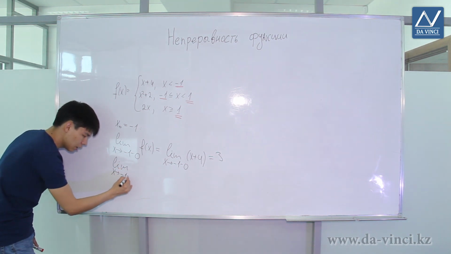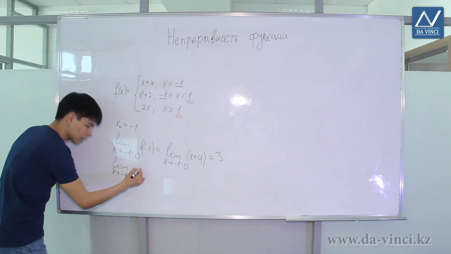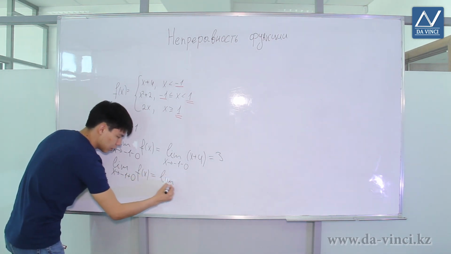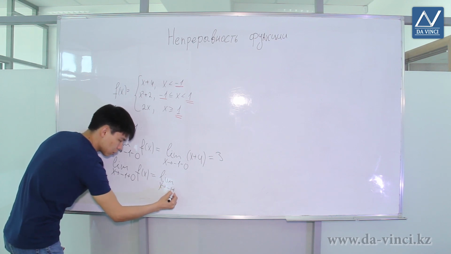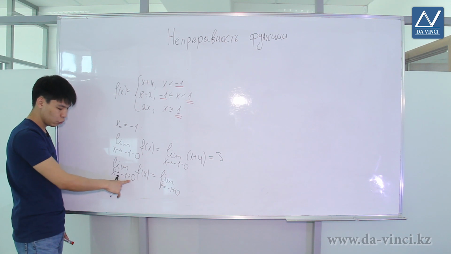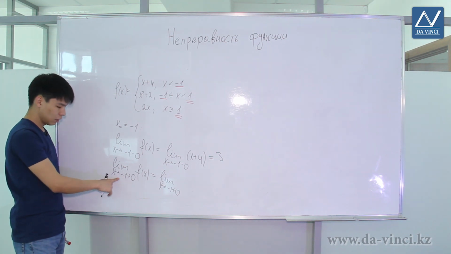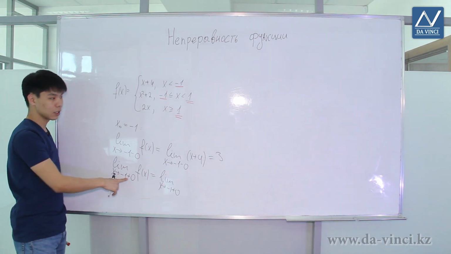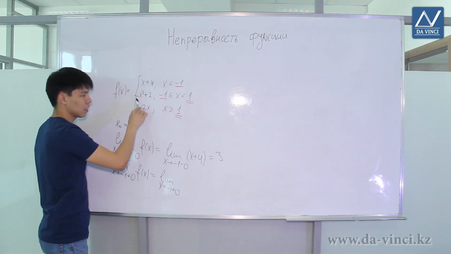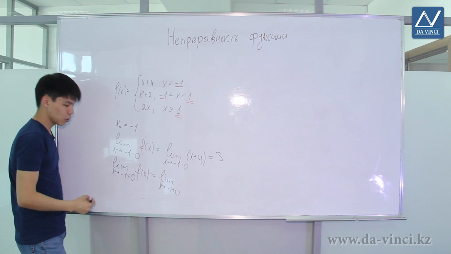Now we need to calculate the limit from the right. That is, the limit at -1 plus 0 of f of x. If we have -1 plus 0, then this point is slightly to the right of -1. That is, x is greater than -1. If x is greater than -1, then the function is defined by this formula, x squared plus 2.